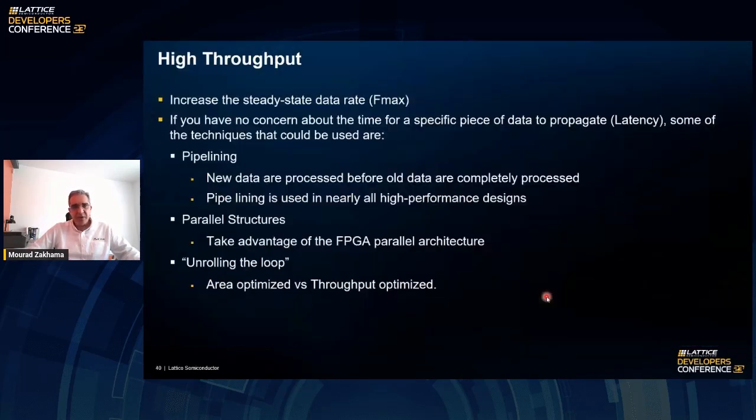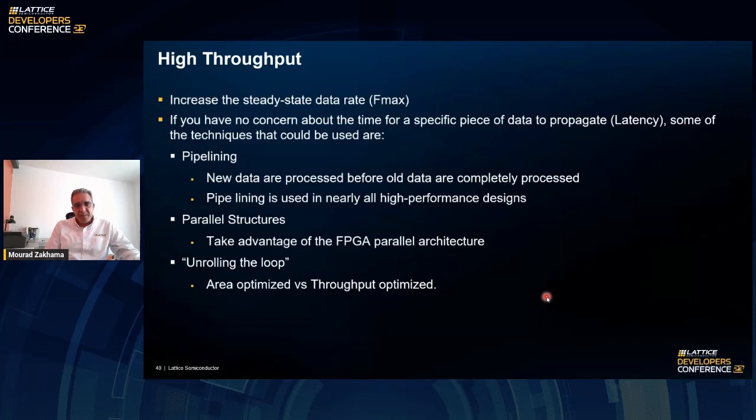Let's go through a couple of examples. When we talk about higher throughput, we talk about increasing the Fmax. As we've seen in previous slides, to increase the Fmax, we have to make sure the logic between two flip-flops is shorter, meaning the time required to process the logic between two flip-flops is smaller. If we want a higher frequency, we may adopt one of these techniques.